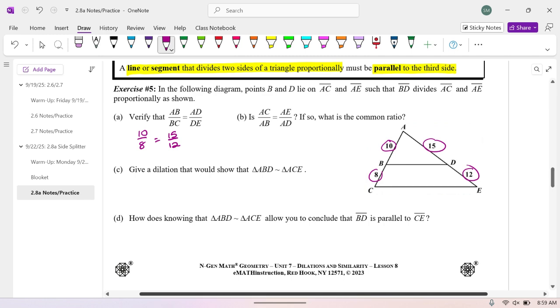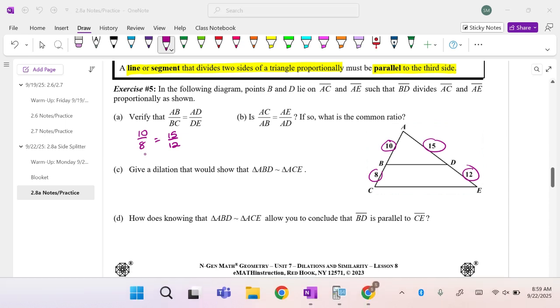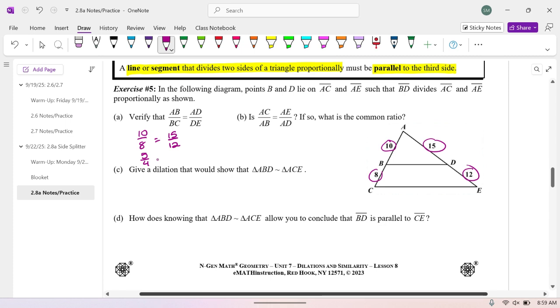So what is 10 over 8 simplified down to? 5 over 4. What's 15 over 12 simplified down to? Right, 5 over 4. So they are congruent or equal to each other.